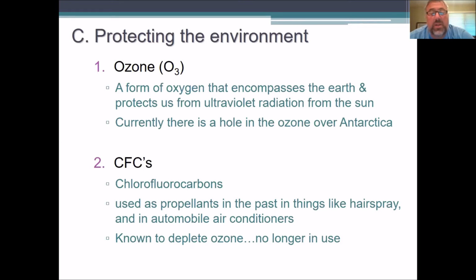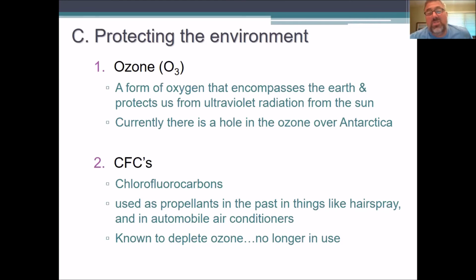And basically what happened was these molecules, which are basically used for propellants, they float up and they destroy molecules of ozone, which is 3 oxygens, right? So the air that we breathe is 2 oxygens that are bonded together with a double bond. And what ends up happening is we have ozone, which is 3 oxygens, not as stable.